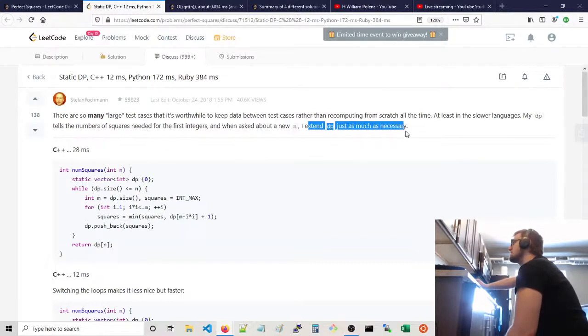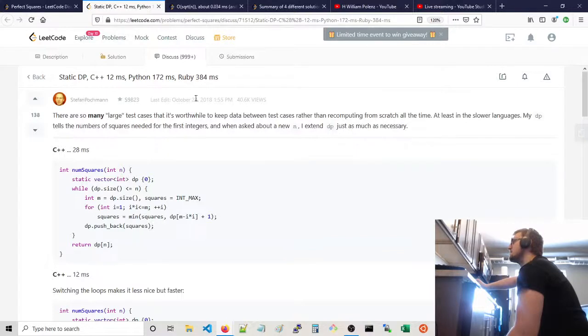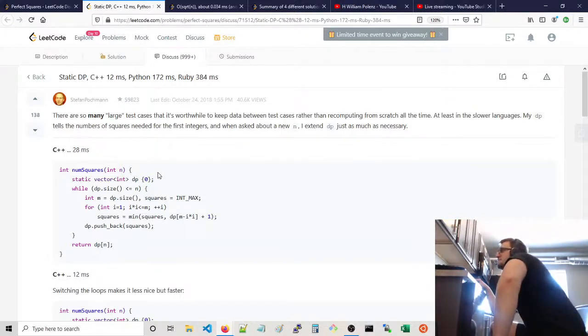When asked about a new n, I extend the DP just as much as necessary. Okay, this is from a few years ago. DP size less than or equal to n. M is DP size. Squares int max. For i equals 1, each of these squares less than or equal to m.